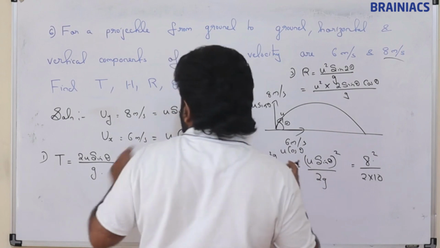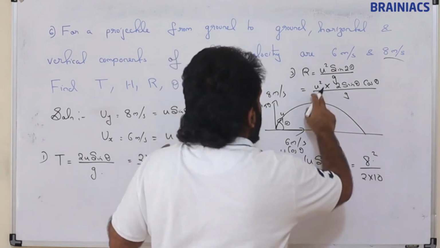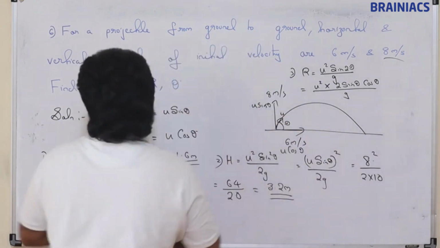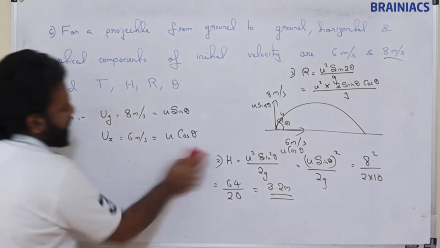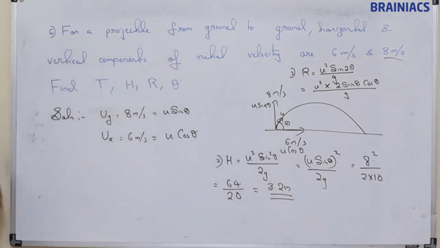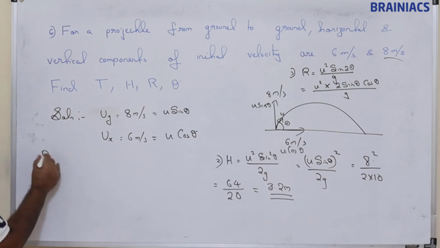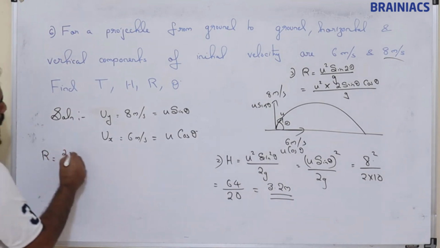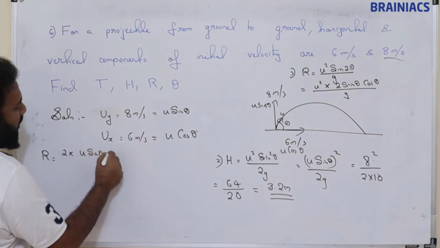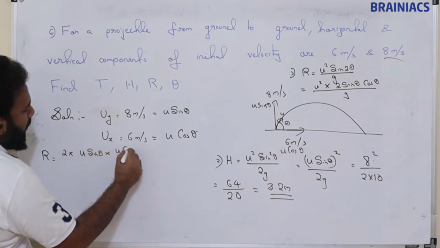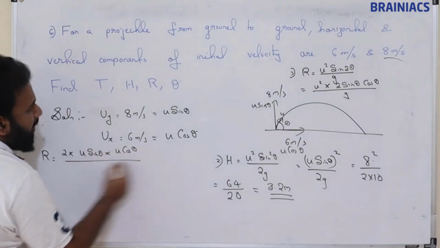So range I can write as 2 into u sine theta, the other u cos theta divided by g.